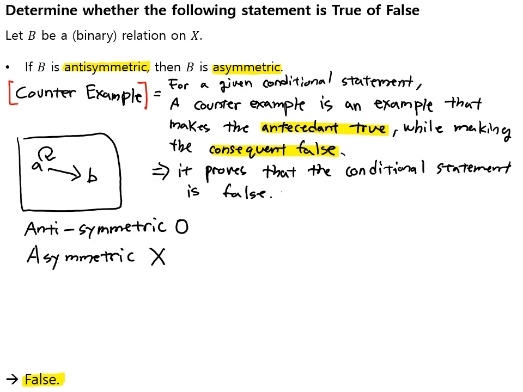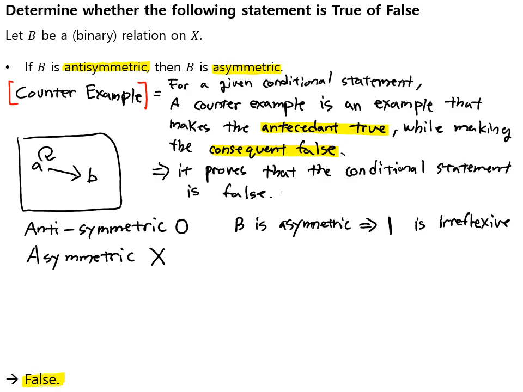Remember that we have seen that if a binary relation is asymmetric, this implies that the binary relation is irreflexive, right?